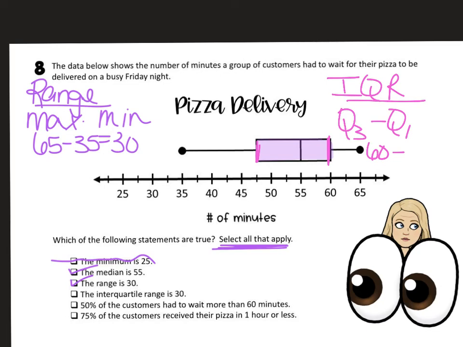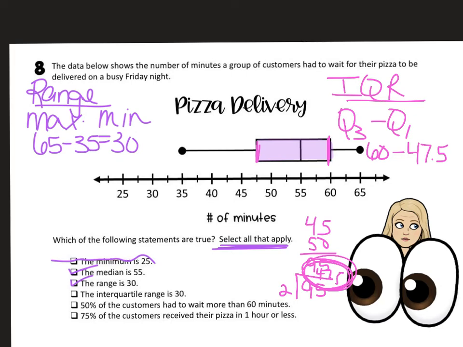Let me just find a quick little mean there. So 45 plus 50 is 95. You can do this on your calculator, of course. 95 divided by 2 is 47.5. So I'm going to double check on my calculator because I don't want to make any mistakes, especially if I am subtracting decimals.